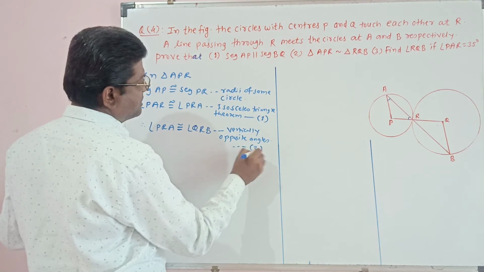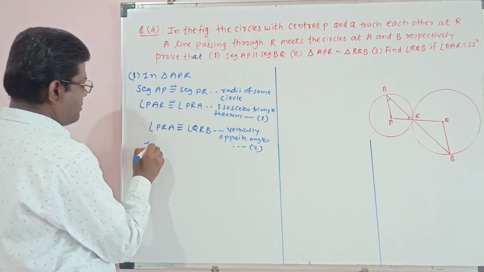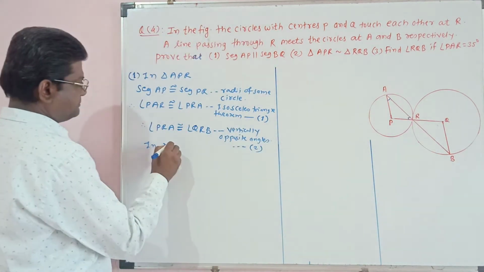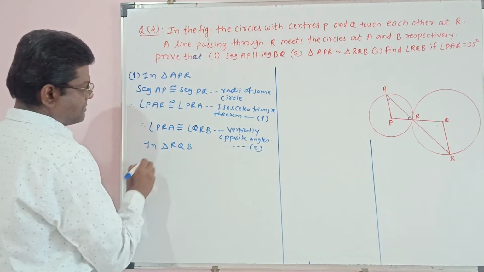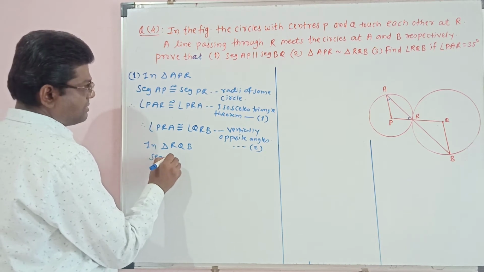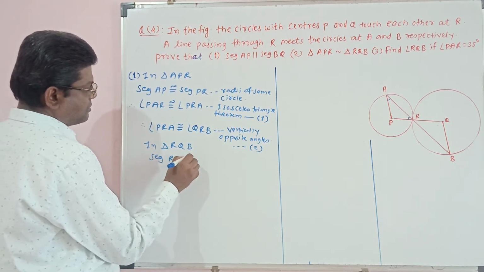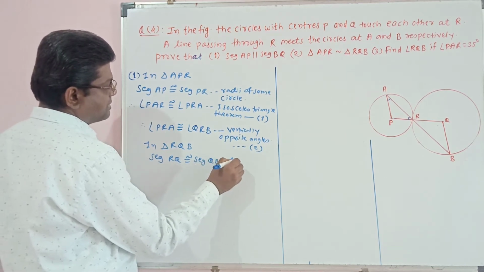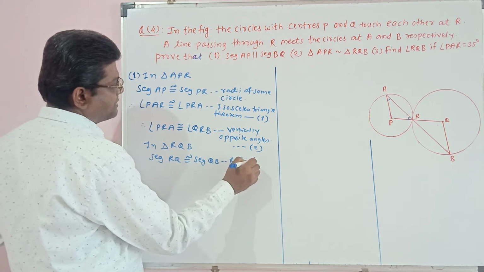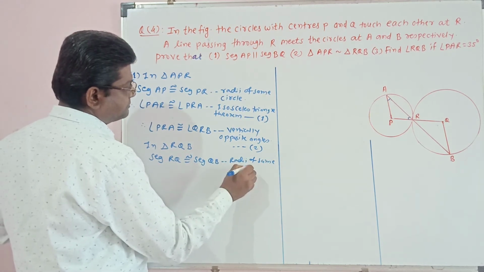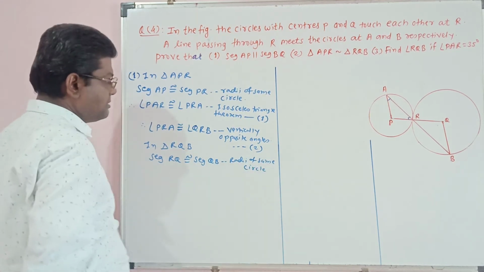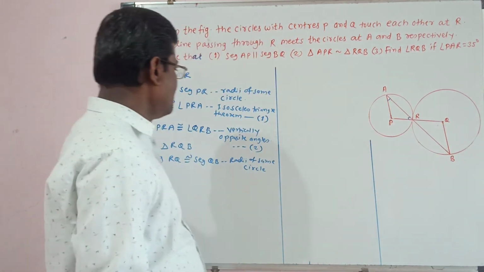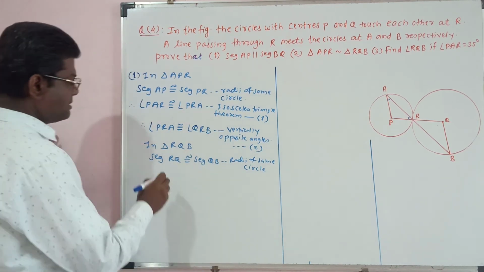This is equation number 2. Now in triangle RQB, segment RQ is congruent to segment QB, radii of the same circle.